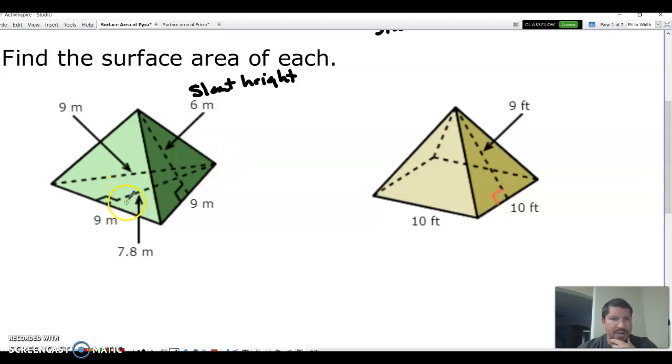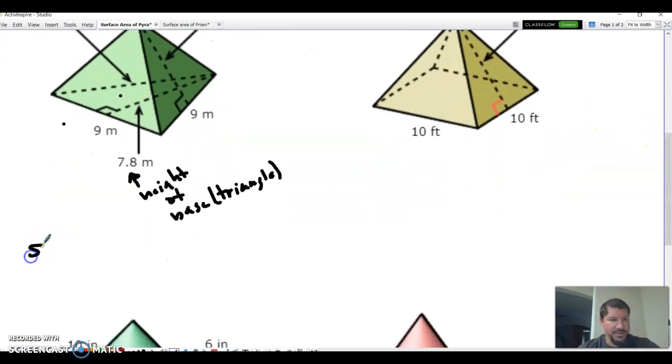This length right here is the height of the base, which in this case is a triangle. And it's an equilateral triangle because it's 9, 9, and 9.